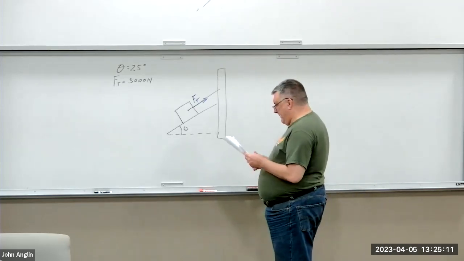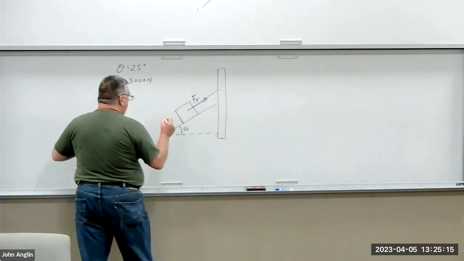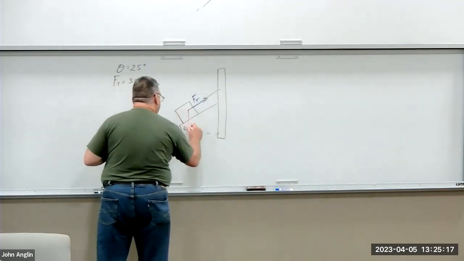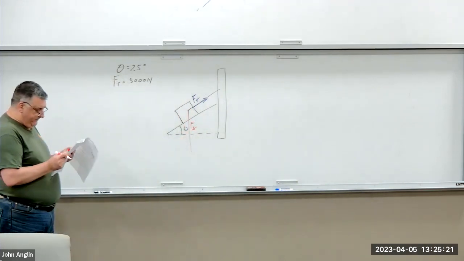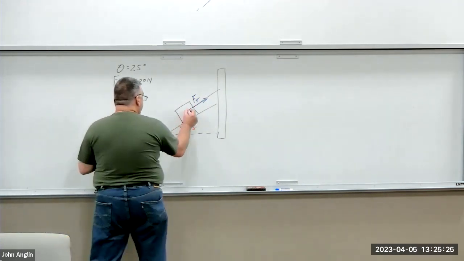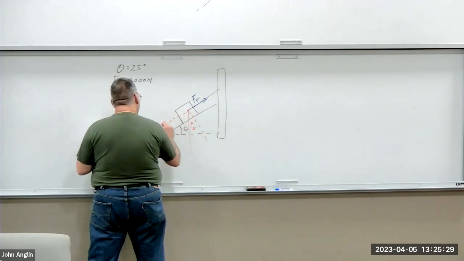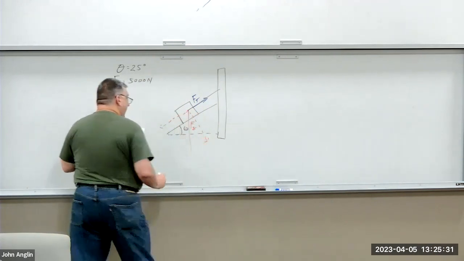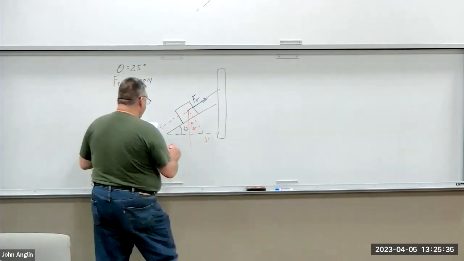What else do we know? Well, we know that we're going to have some gravitational force, so our force due to gravity here. We also know that our gravitational force has got to have components, so we're going to label those.